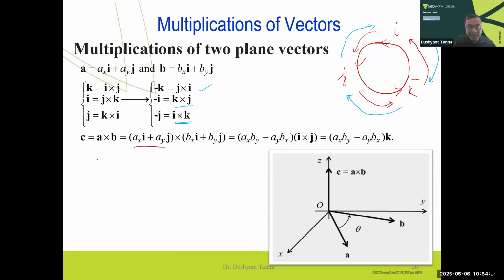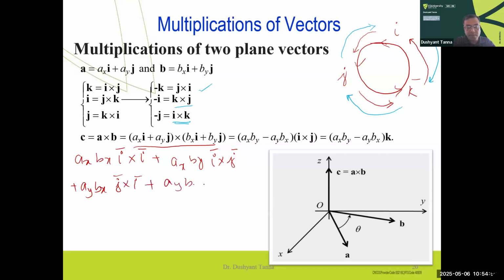So if I expand this, I will have ax bx, I cross I, plus ax by, I cross J, plus ay bx, J cross I. Don't change the order. Plus ay by, J cross J.